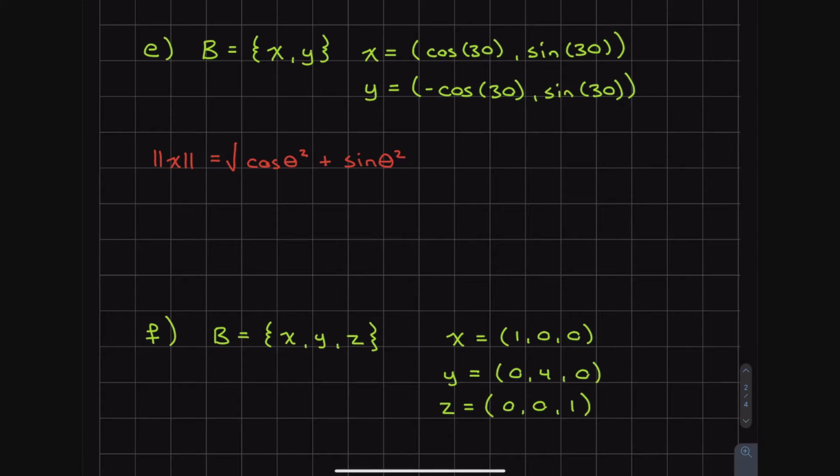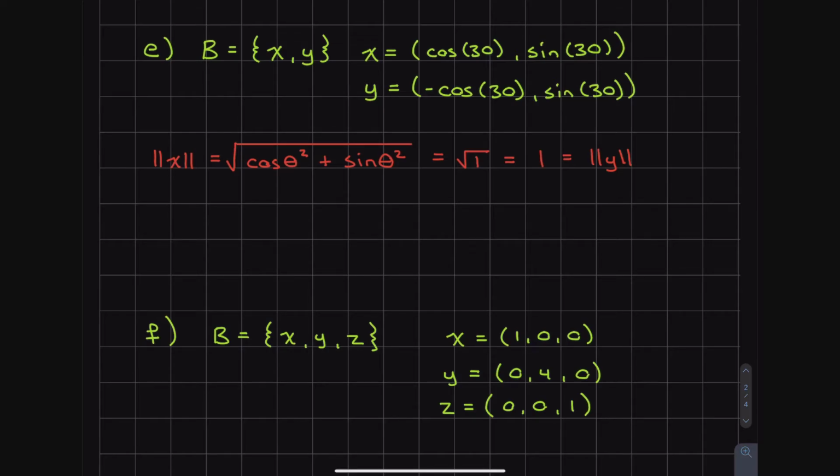Well, if you guys remember from trigonometry, cosine squared plus sine squared is equal to 1. So this is equal to the root of 1, which is just equal to 1. And since y is the exact same, we also know that this is the norm of y. So the first property checks out. Both x and y have a norm of 1.